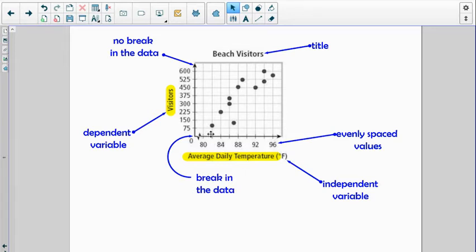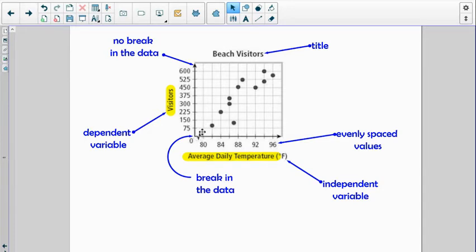So really, this is counting up by 2s, even though they're only labeling every other one, and it looks like they're counting by 4s. So this first ordered pair, this first dot, would represent 82 degrees Fahrenheit. And then there's 84 degrees Fahrenheit, 86 degrees is on this line, 88 degrees is on this line. So that means that this little dot right here in the middle of the square would be in between 86 and 88. So that's probably 87 degrees right here.